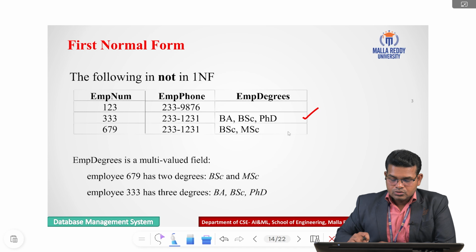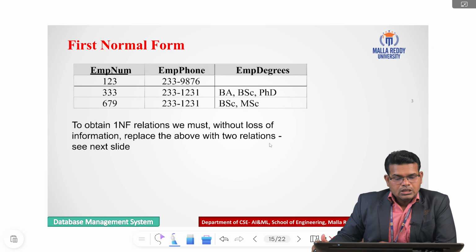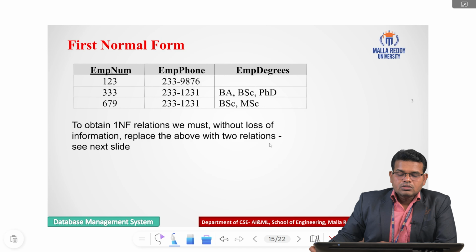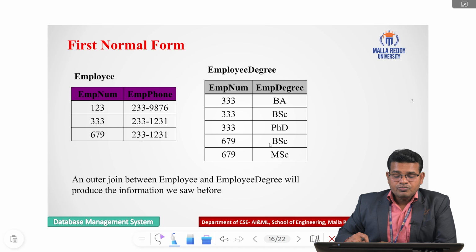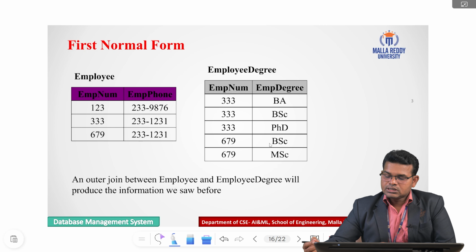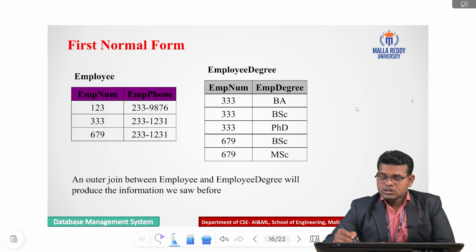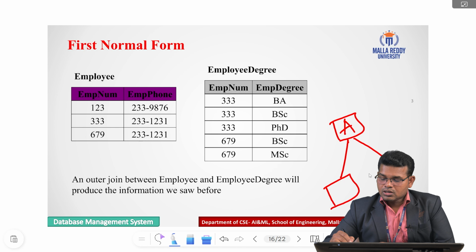So, how do we do so? Now, the basic idea of normalization is to convert some larger table, suppose A is the parent table. In order to eliminate the redundancy, we are decomposing larger tables into smaller tables.